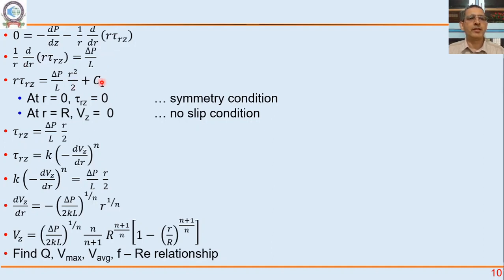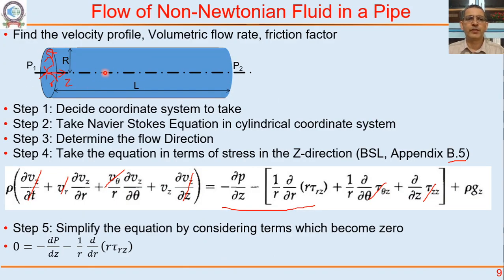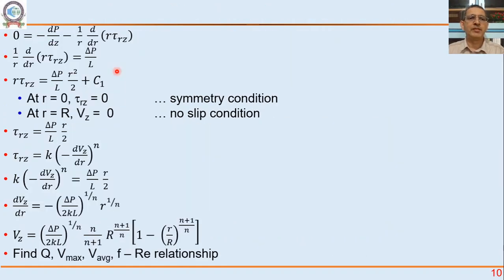Now what condition can we use? At r equal to 0, the center of the pipe, symmetry means there is no stress. v_z is symmetric from all sides, right? Therefore the gradient, remember what we said in the Newtonian case, r dv_z/dr is 0.